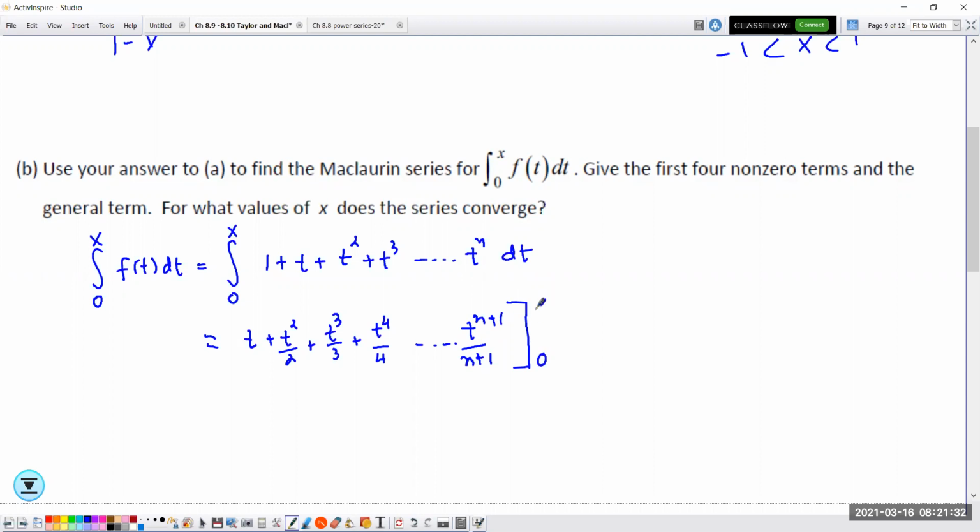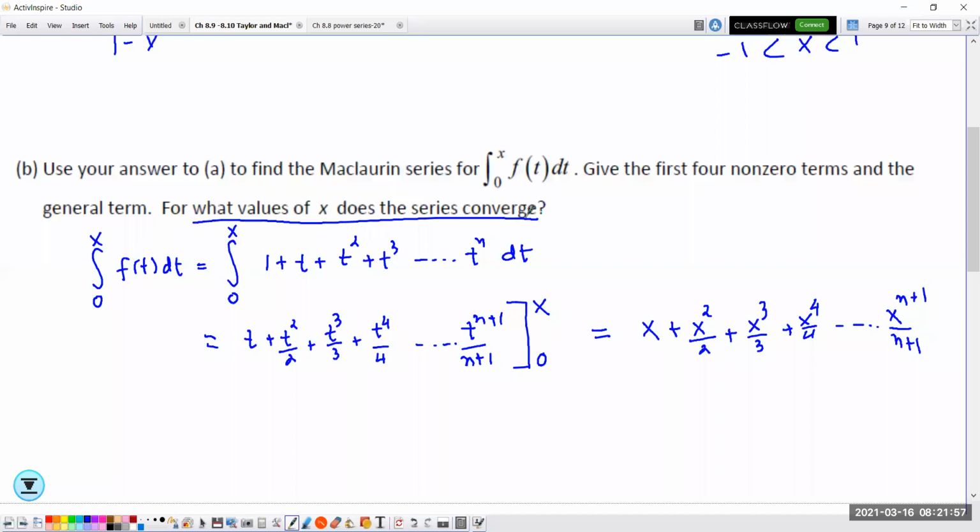FTC, fundamental theorem of calculus. And that will give me, replace t now with x. So x squared over 2, x cubed over 3, x to the 4 over 4, general term x to the n plus 1 over n plus 1.